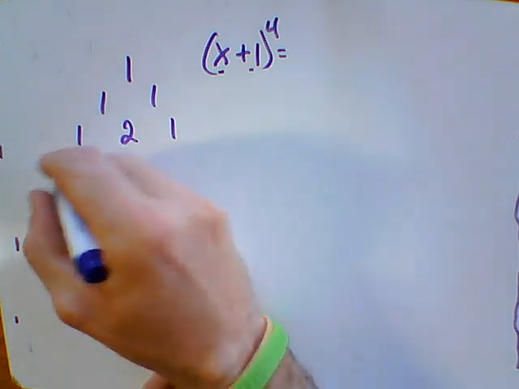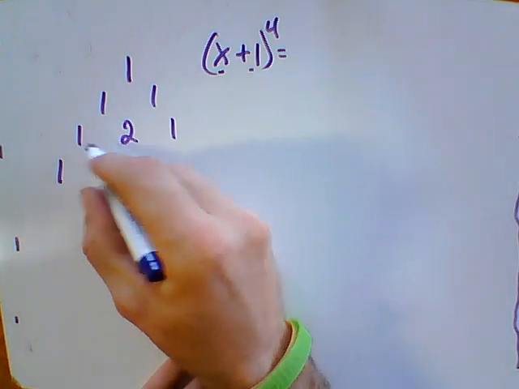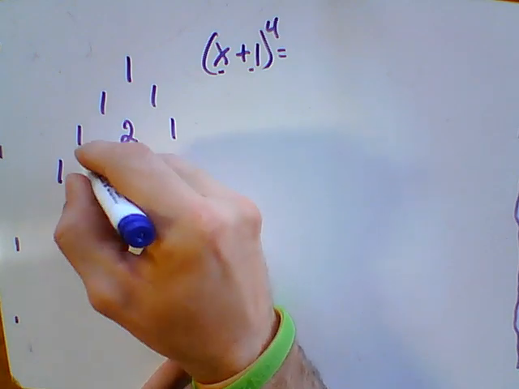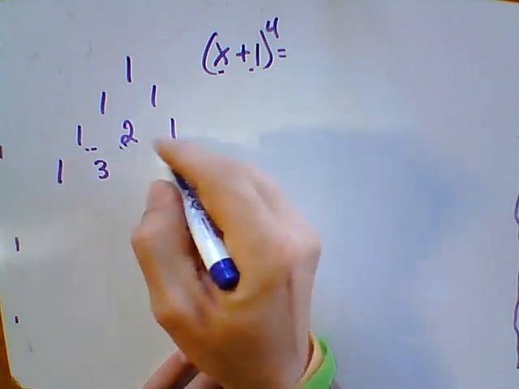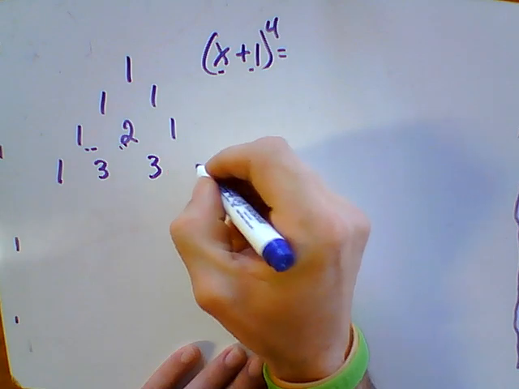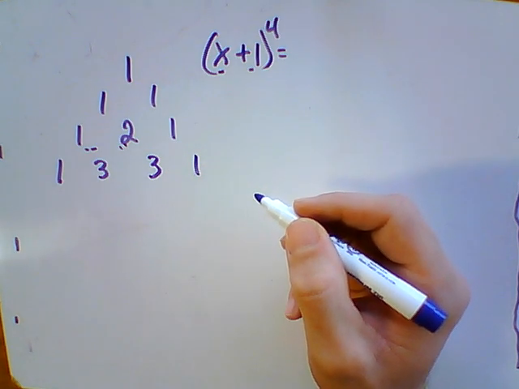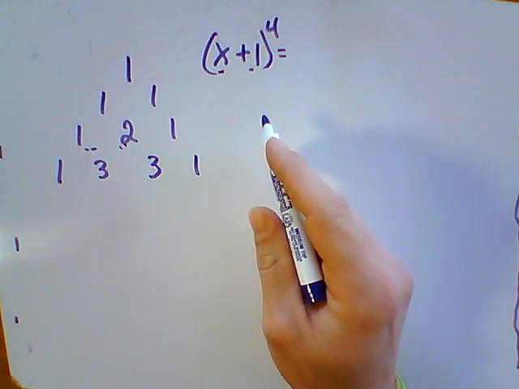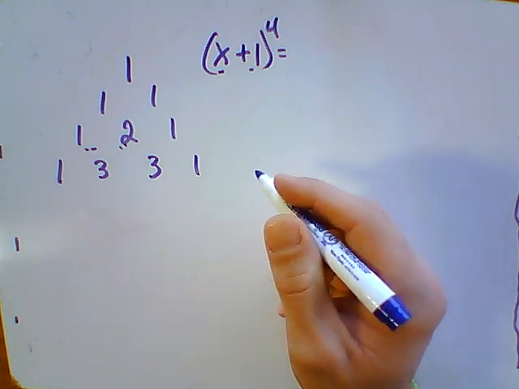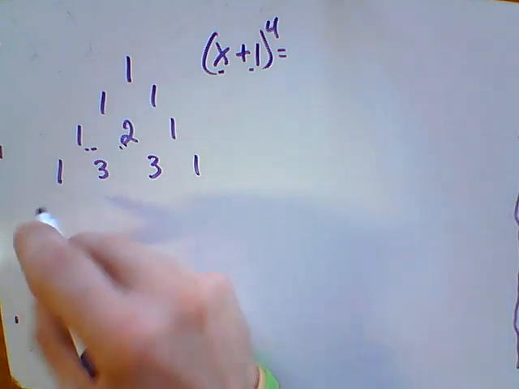And if I just keep bringing 1s out here and adding these two numbers, they'll give me a 3, and adding these two numbers will get me a 3, and then bringing this 1 down here, he'd eventually have the coefficients of x plus 1 to whatever power I wanted. Alright, watch, we'll just keep going.